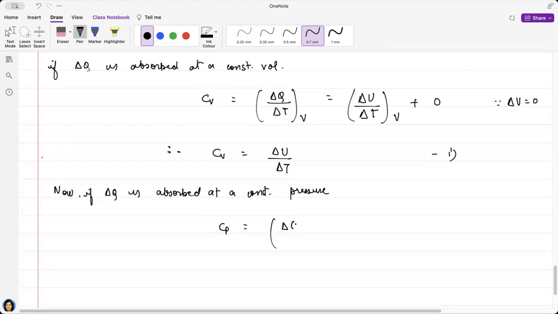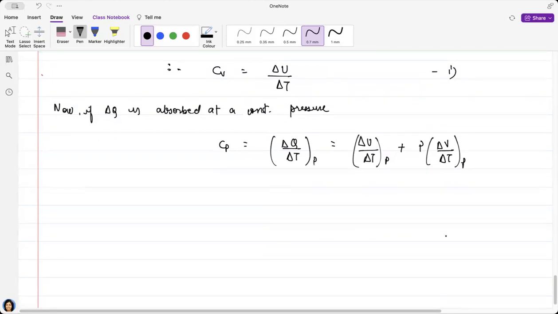I'm calling it delta Q by delta T at constant pressure, which is delta U by delta T at constant pressure plus P delta V by delta T at constant pressure. Again, I know that the internal energy depends only on the temperature. So can I say Cp is equal to delta U by delta T plus P delta V by delta T at constant pressure. This is my equation number 2.